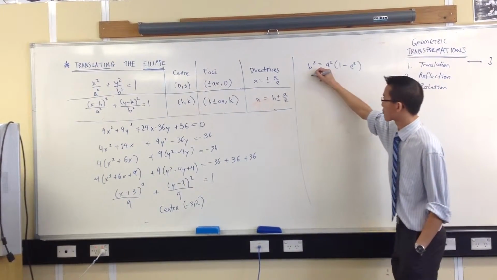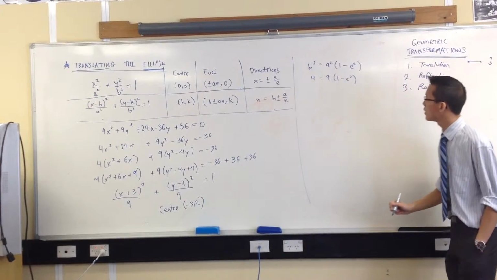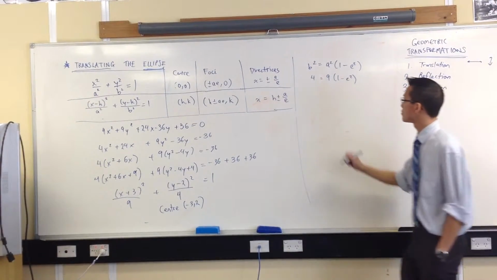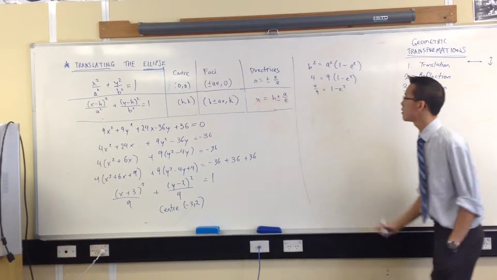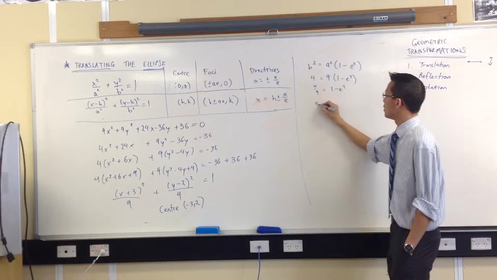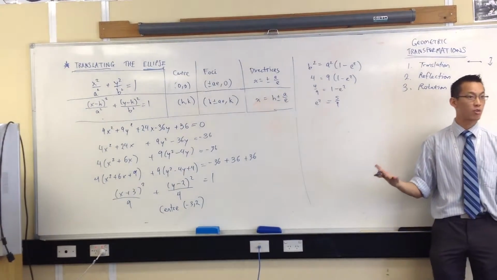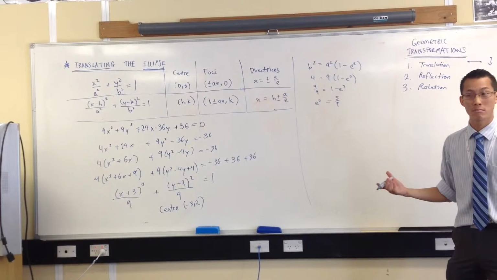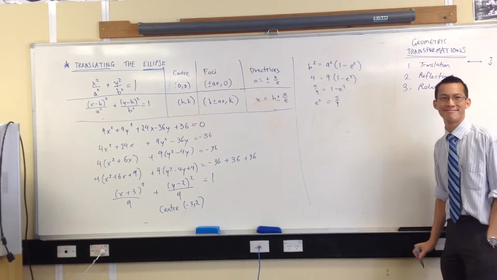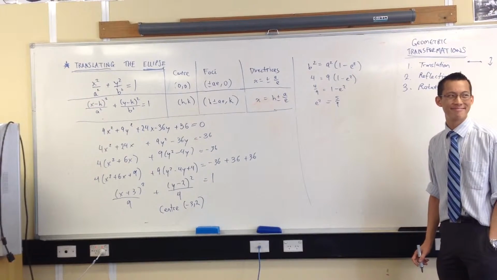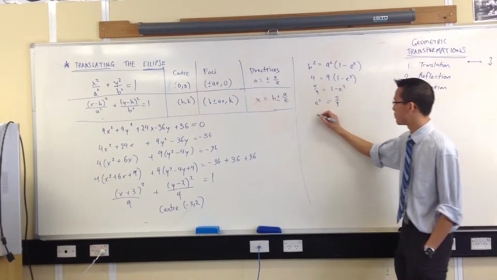What do I got here? 4 equals 9 times 1 minus e squared. Does that all check out? Look happy? So now what? Take the square root.